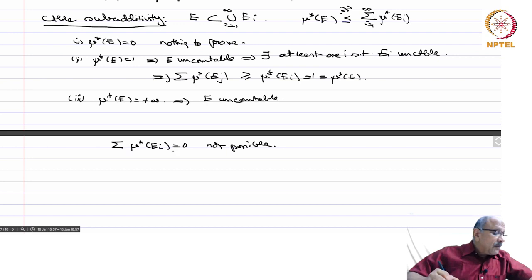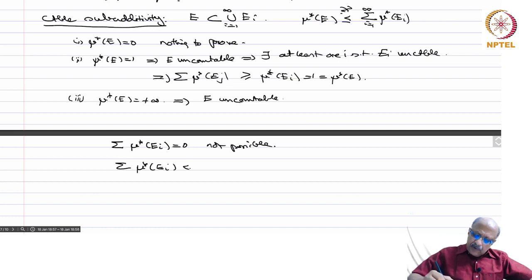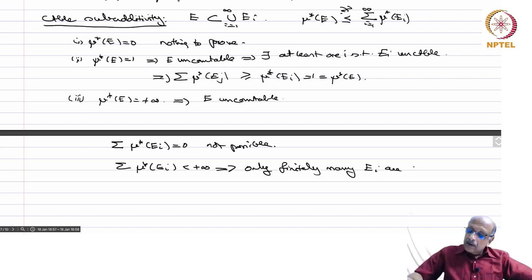Then suppose sigma mu star of EI is finite. This means mu star of EI is either 0 or 1, which means that only finitely many EI are uncountable and the rest are at most countable.